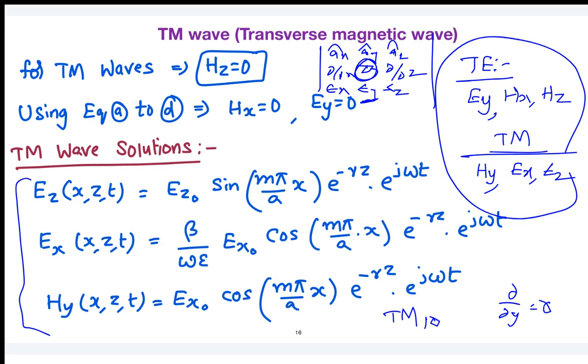Substitute M equal to 0. When you put M equal to 0, the first one vanishes. And what about the second one? Existing. And the third one is also existing. So technically speaking, I can say it satisfies the definition of dominant mode. Am I correct or not?